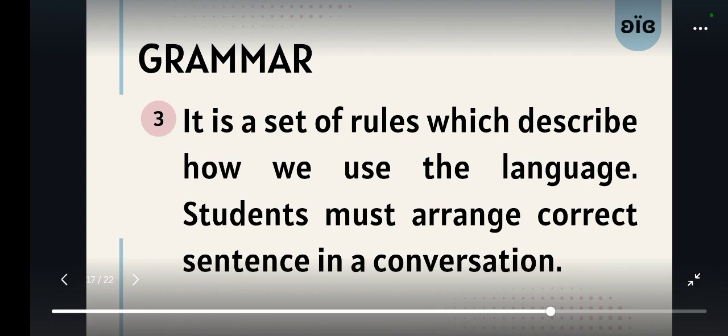Of course, the grammar, it's a very complicated topic, especially to other people who aren't familiar with the grammar rules. So, grammar is a set of rules which describe how we use the language, and students must arrange correct sentences in a conversation.